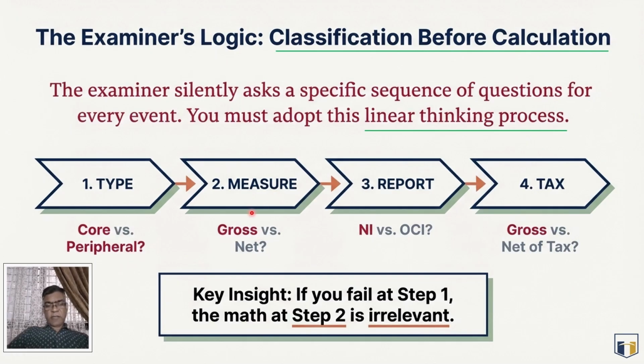Report means either in net income or OCI, other comprehensive income. Four, tax consequences: gross means pre-tax income versus net of tax. If you fail at step one, meaning you fail to identify the transaction correctly, the math at step two is irrelevant. In measurement, that case is irrelevant.